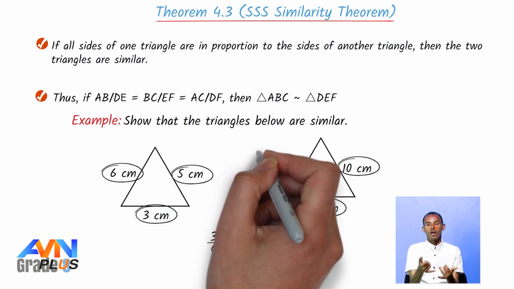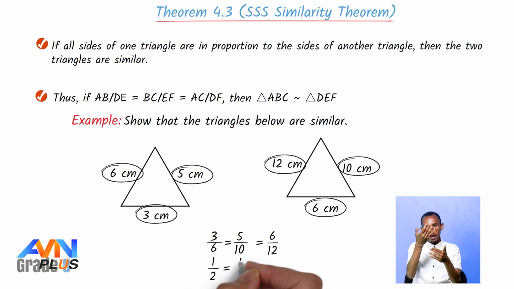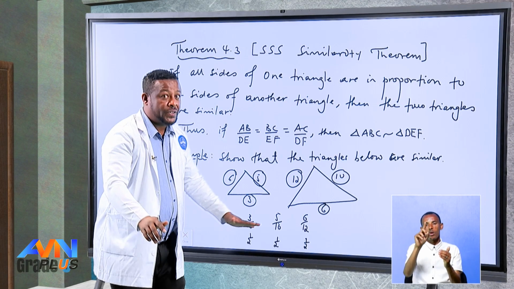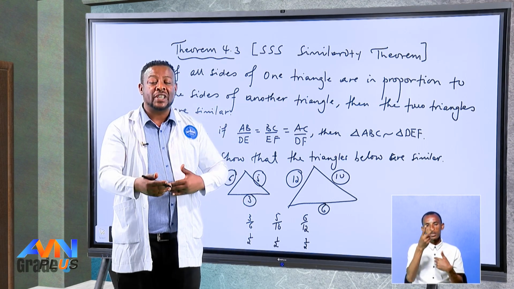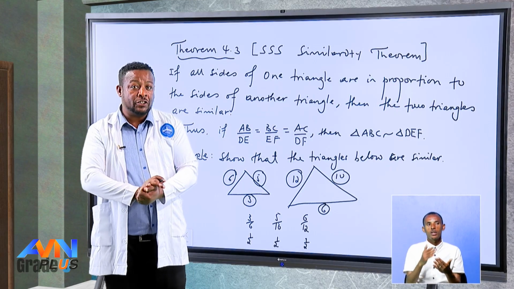Now, to be able to compare these three fractions, you need to convert them to their simplified form. The simplified form of 3/6 is 1/2, and this is 1/2. This is also 1/2, okay? We have seen how fractions can be simplified in our lesson in the first unit.